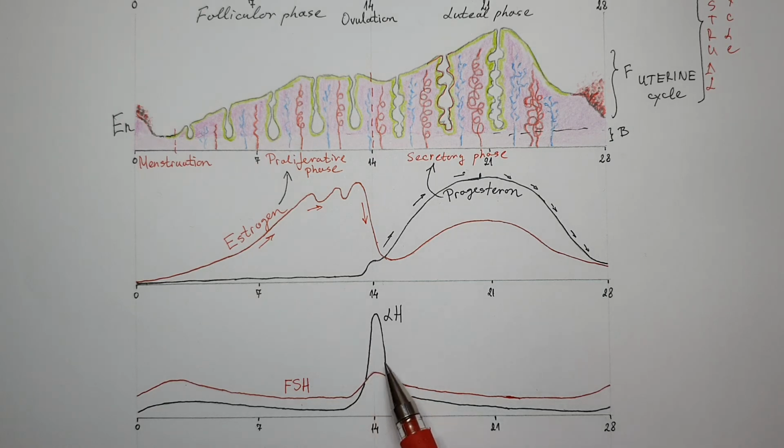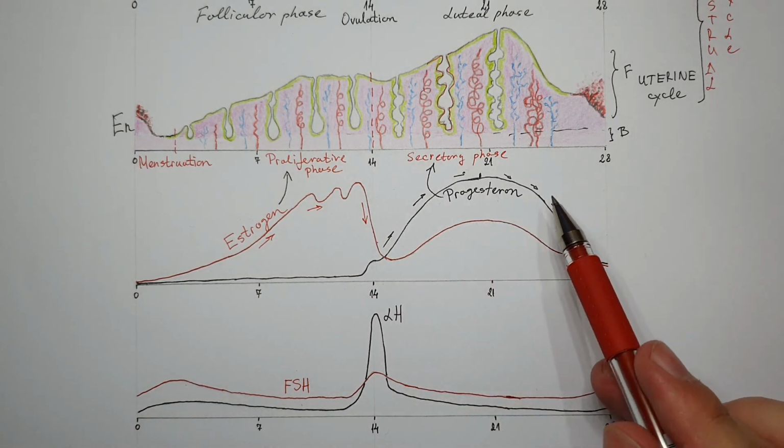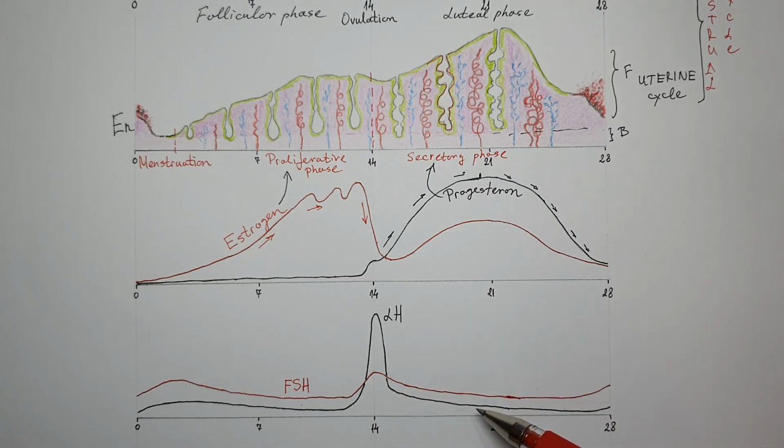But when it happens, it converts the remnant of the Graafian follicle into the corpus luteum, which starts to secrete a lot of progesterone, and because of that, in the second part of the cycle, the luteinizing hormone concentrations are lower. And because the corpus luteum is also producing some estrogen, the FSH is also lower.